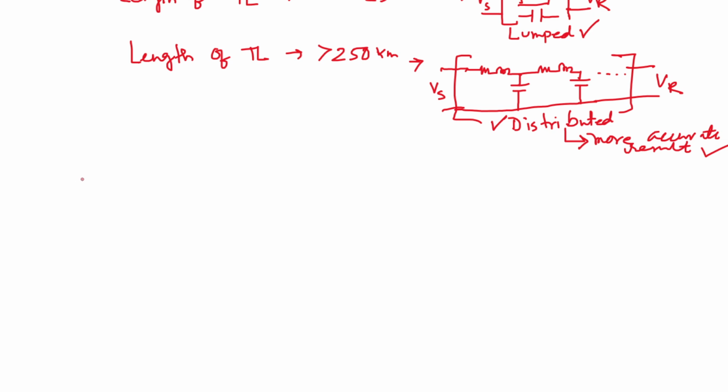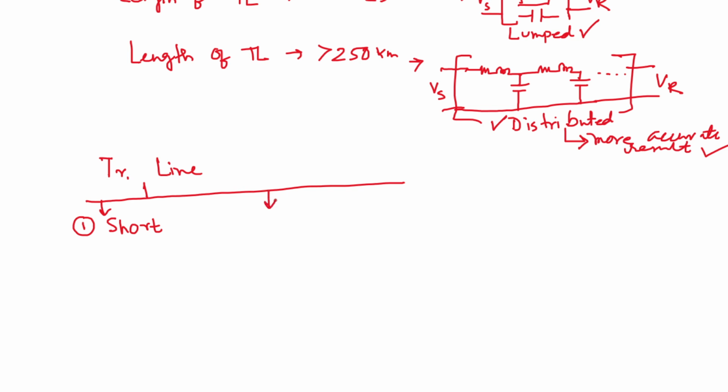Now, having said that, the transmission line can be categorized into three groups. The first group is called the short transmission line, the second group is the medium transmission line, and the third group is the long transmission line. What is the basis of this classification?